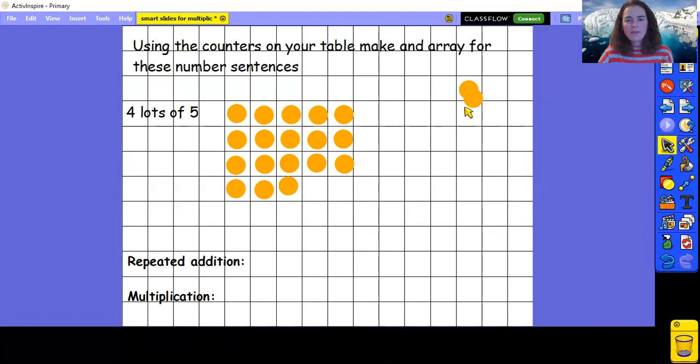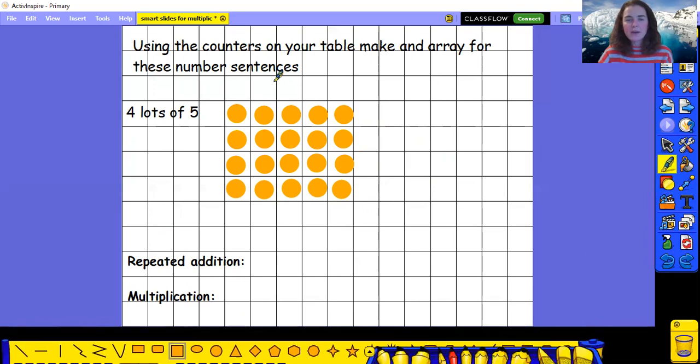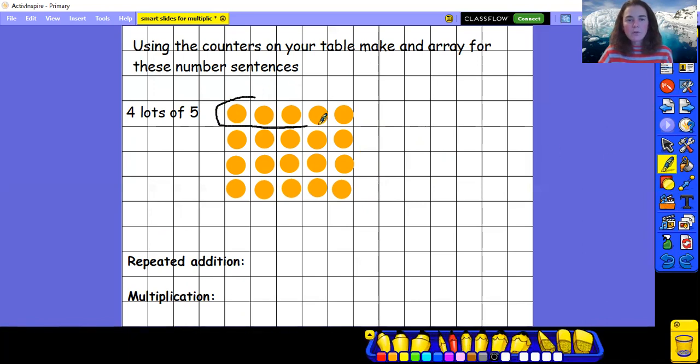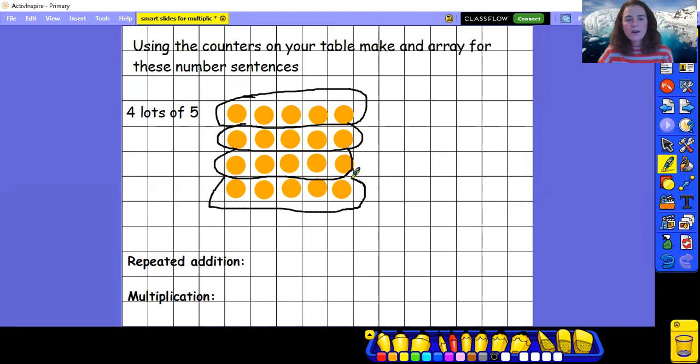2, 3, 4, 5. Oops. Oh, we jumped all over the place, that one. Okay, there we go. If I was to draw around those to show you now, I have got 1 lot of 5, 2 lots of 5, 3 lots of 5, 4 lots of 5.